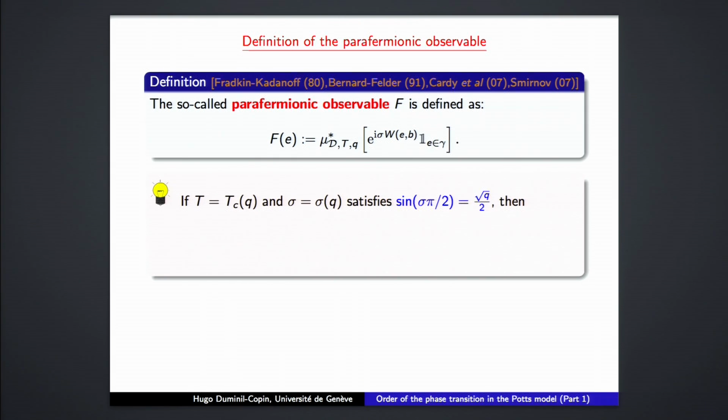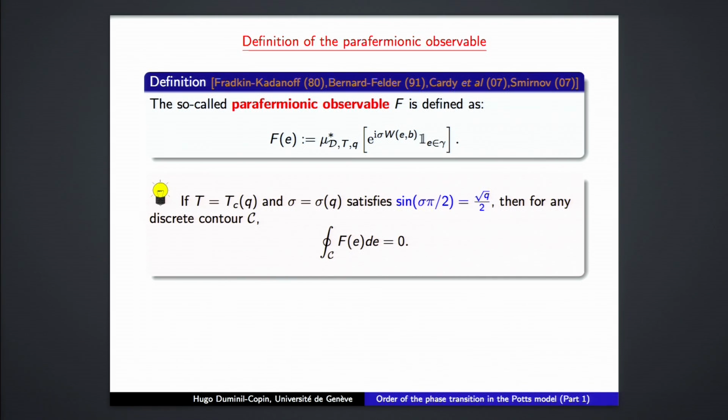Now, if I look at the critical temperature, and if I tune sigma to be equal to a very specific value, I want sigma to satisfy this quantity, where Q is the number of colors, remember. If I do that, then this observable f, as a function of the edge, satisfies a very specific property.